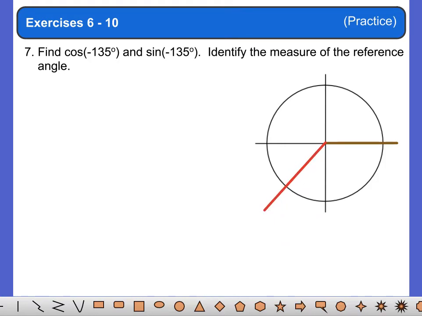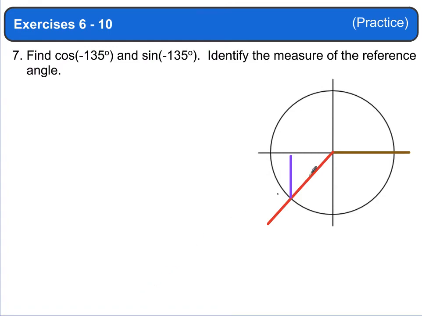Now, after you have that rotation, we go back to doing exactly what we did before. We note that this is a 45, 45, 90 triangle. That means this is going to be the square root of 2 over 2, and this will be the negative square root of 2 over 2.